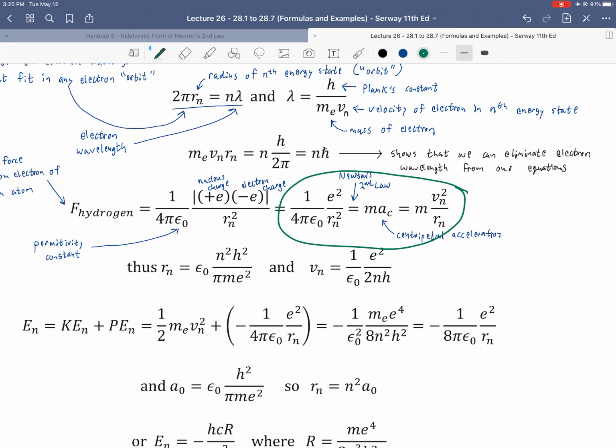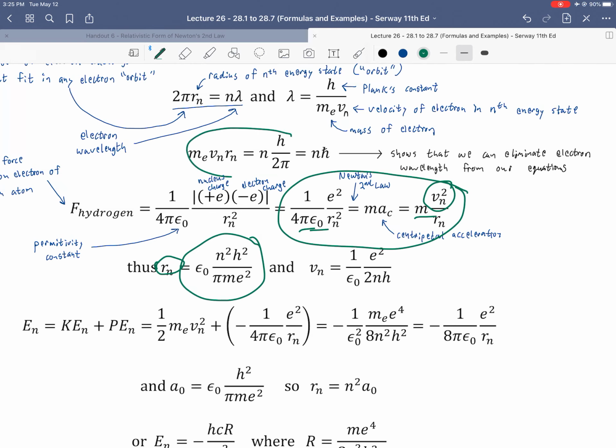And then I could express, for example, r n in terms of e, the permittivity constant, pi, mass, and I'd cross multiply by r, so one of them would cancel. And then I'd also express it in terms of v. But notice v doesn't show up in this expression. Why is that?